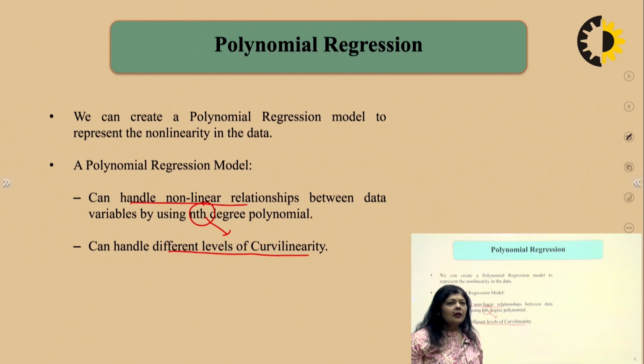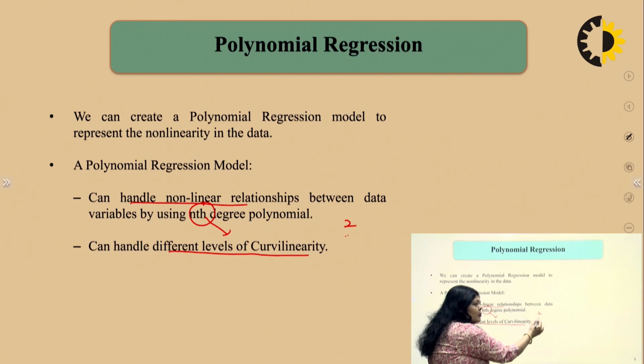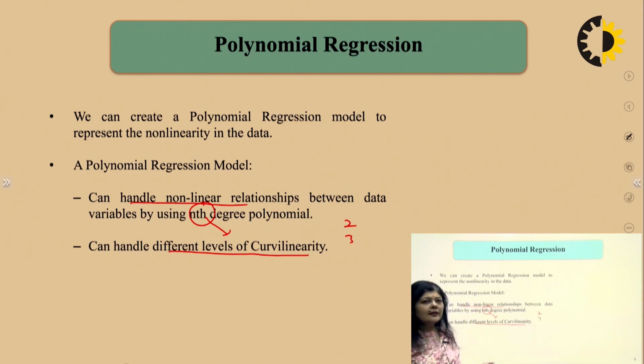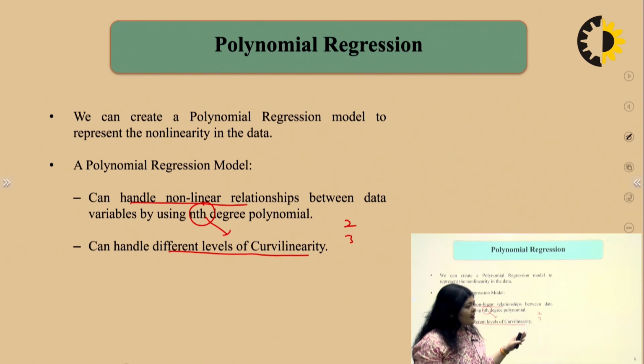And based on this intuition, I can choose to create a polynomial regression model here with a degree of 2 or 3. So if I see that it is a quadratic spread, then I can go for a polynomial with degree 2. And if I can see that there is a cubic relationship between the x and y variables, then I can go for a polynomial with a degree of 3.